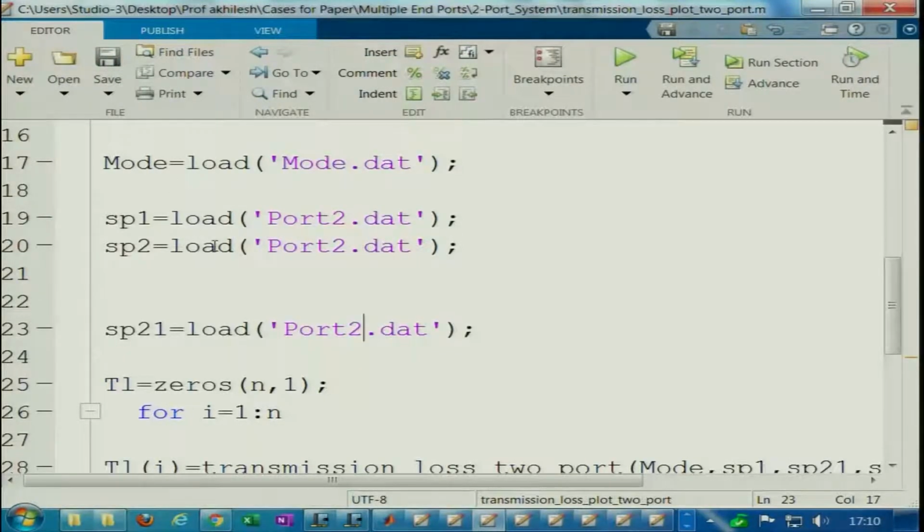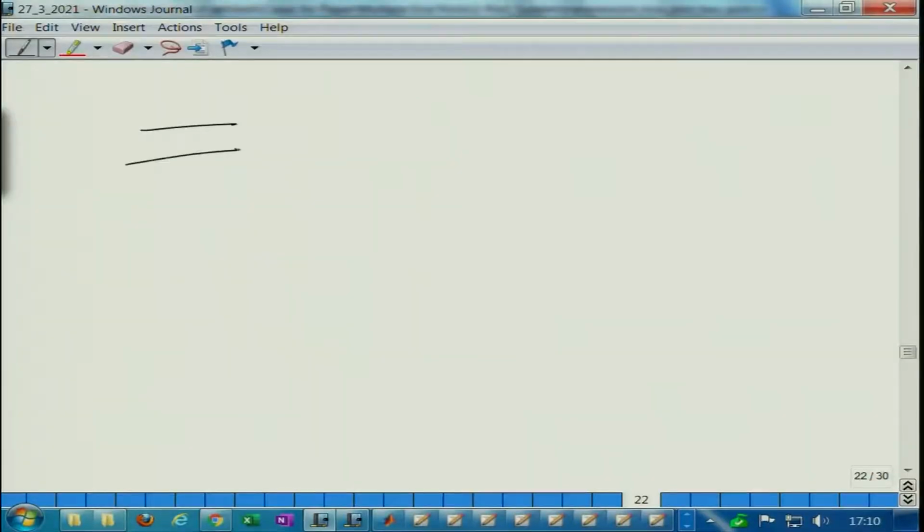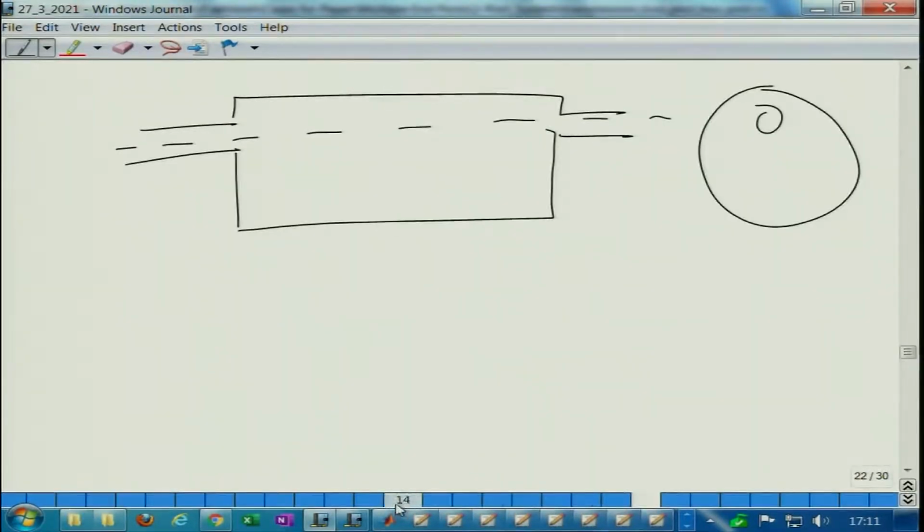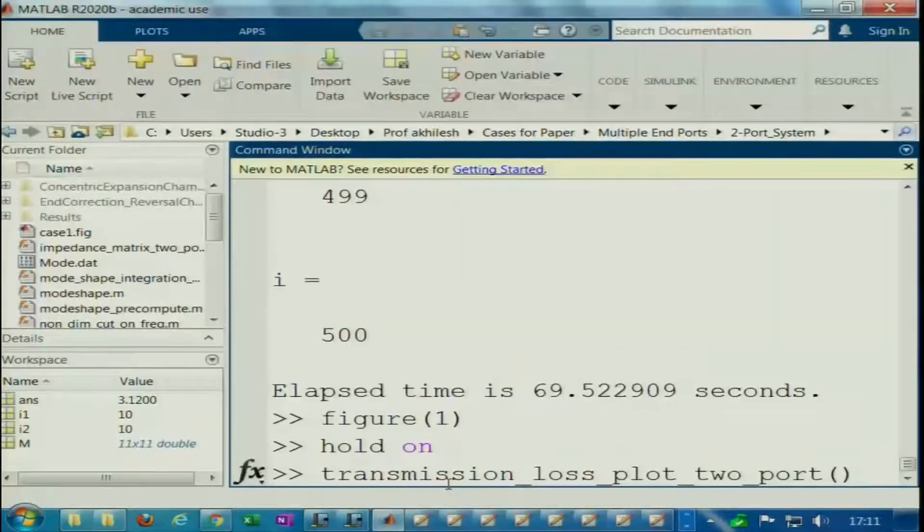So what exactly are we looking at? We are looking at a configuration something like this. Let us run it and see what it gives.